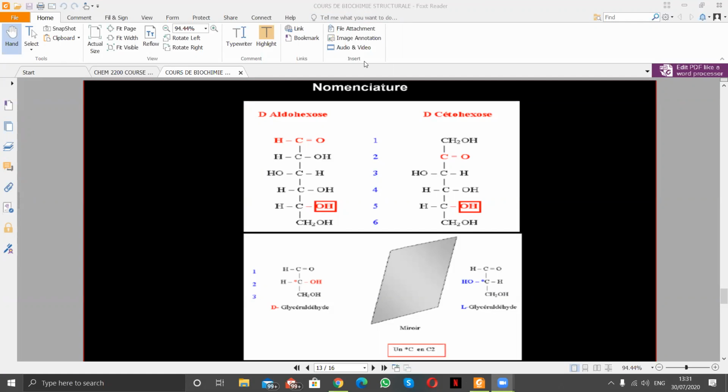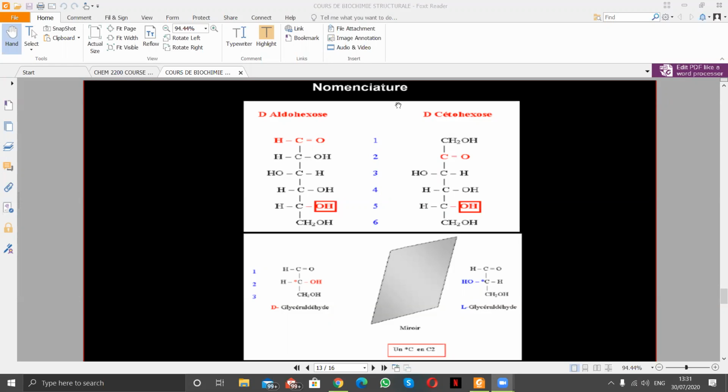Frankenstein. Frank, are we there? We see the position of the carboxyl group.